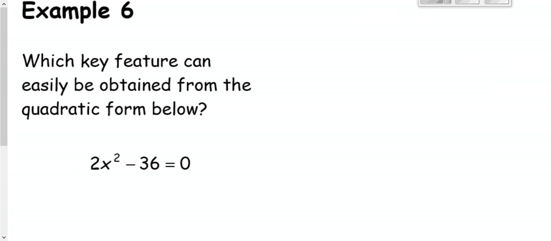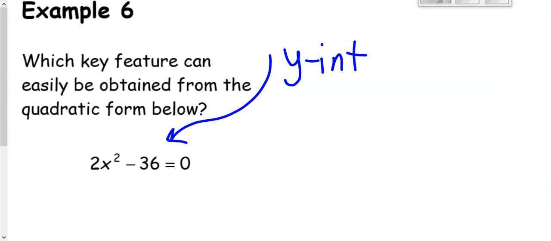The last one is kind of weird. This kind of looks like it could be standard form, but it could also be vertex form. So there's a couple of things that you can find. First of all, if we think about this as standard form, you absolutely can find your y-intercept. So we've got our y-intercept here of -36, because that is our c value.